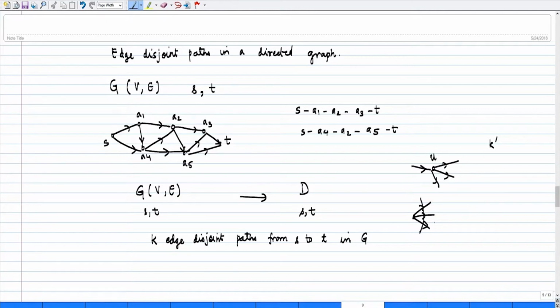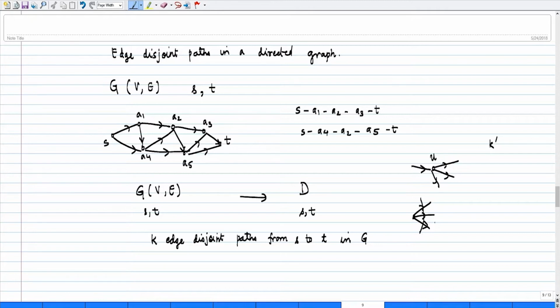So if you pick up any collection of k edge disjoint paths here, you will be able to find a flow value which is exactly equal to k, and it is a valid flow in the flow network that you have set up. And therefore, if you consider a max collection of edge disjoint paths, again you will get some flow here.